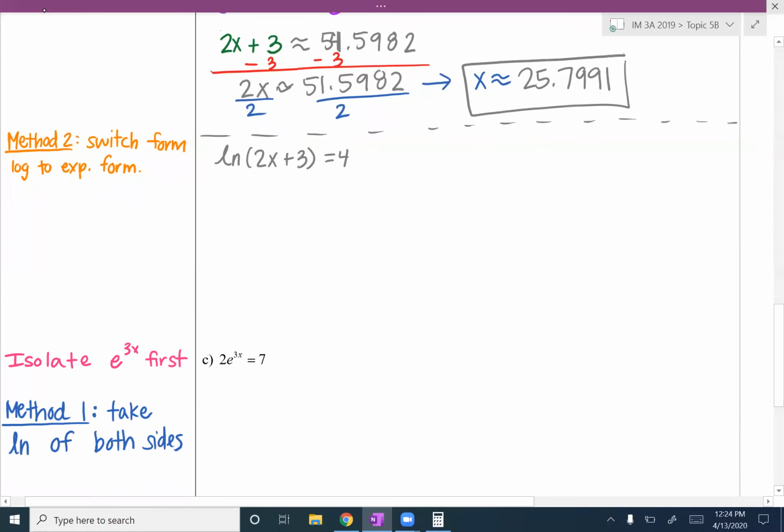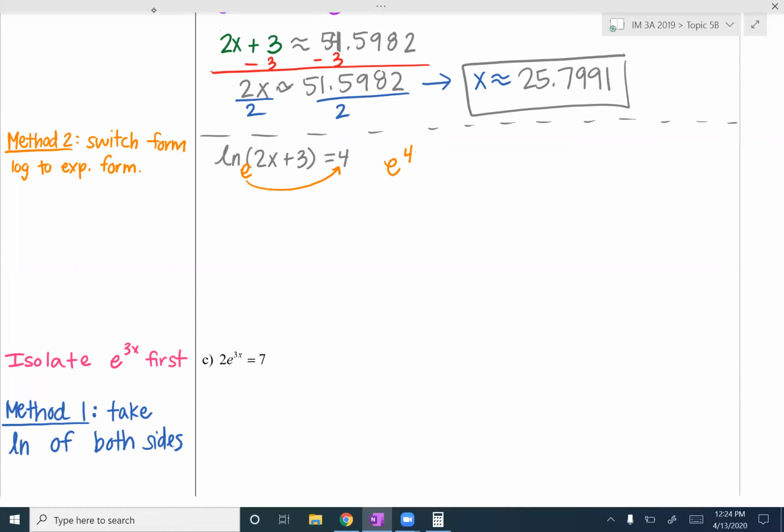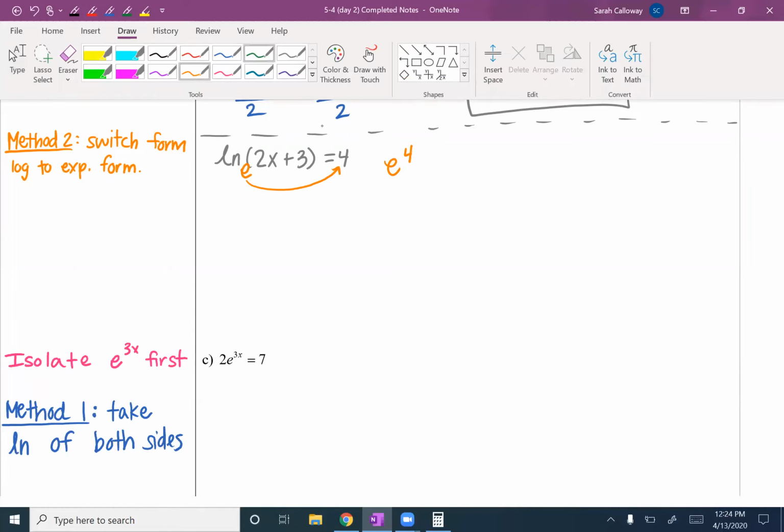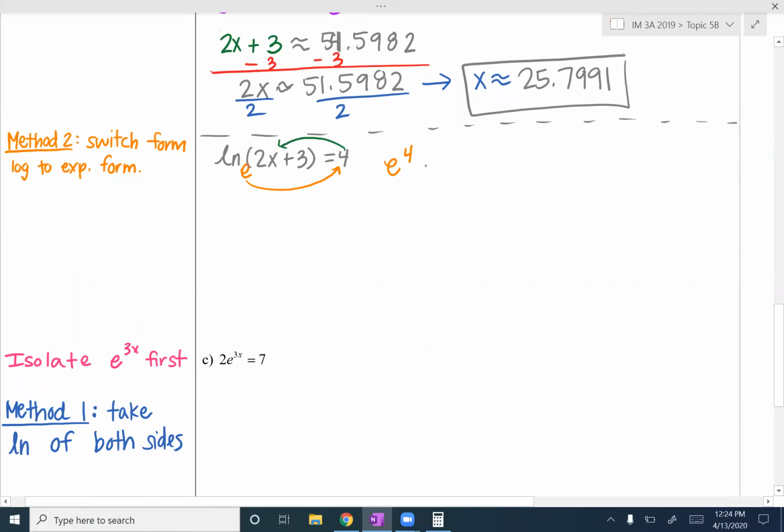So if I want to switch this to exponential form, remember that ln has a base of e. So since ln ignores the e, I have to add it there to help myself. So that means I have e to the 4th power is equal to that 2x plus 3.